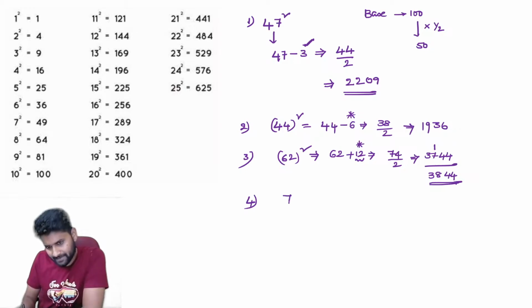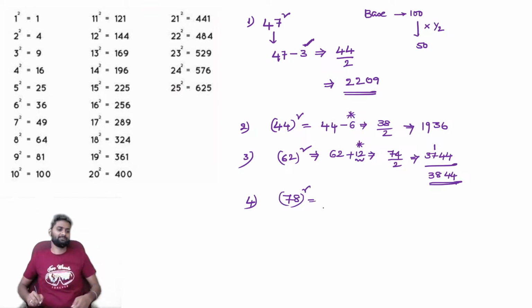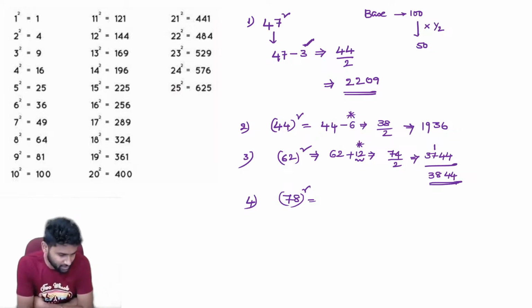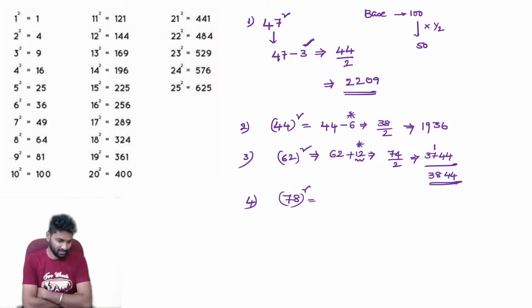Let's take 78 square. Now, what is your answer? 78 square. Is it nearer to the 50 base or nearer to the 100 as a base? Consider the nearest base value. Why? Because you know the squares of 1 to 25.